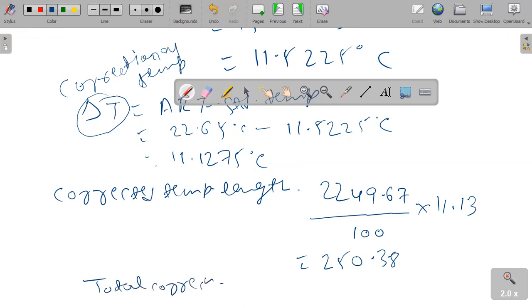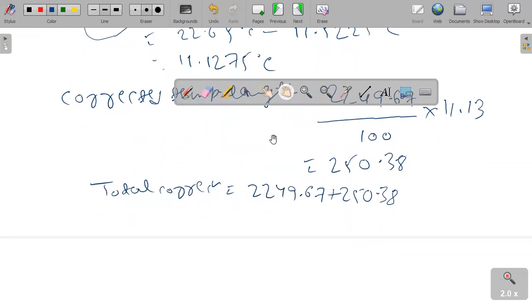So the total correction is equal to 2249.67 plus 250.38. So added with 2249.67, it is about 2500.05.